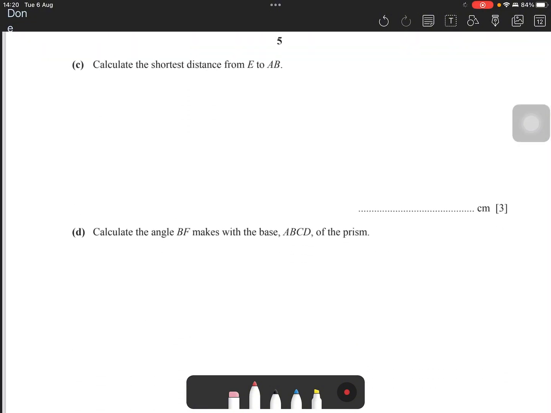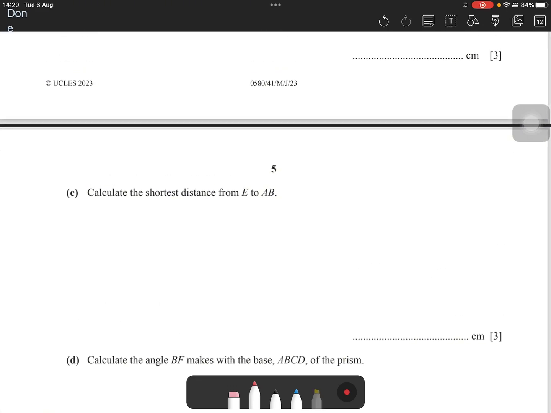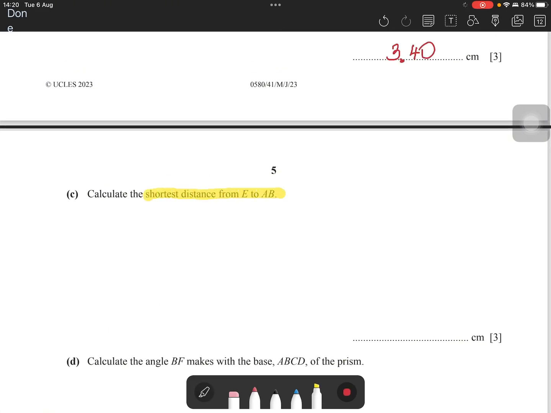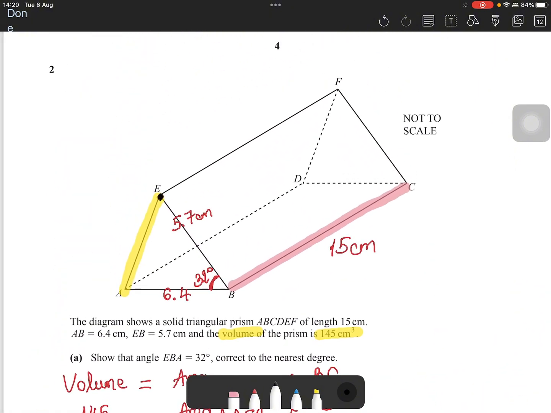C. Calculate the shortest distance from E to AB. The shortest distance from E to AB. So let's take a look at this. This is E, and the shortest distance is the line that is perpendicular to AB, starting from E. To solve question C, we can use the area of triangle AEB.